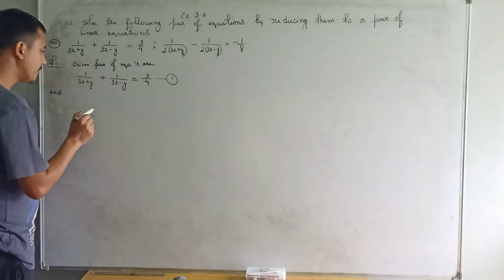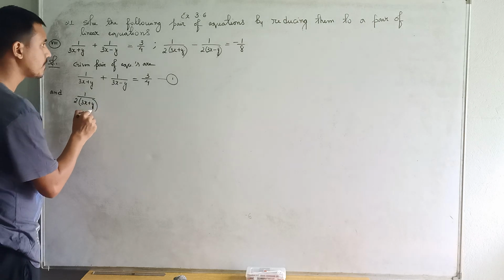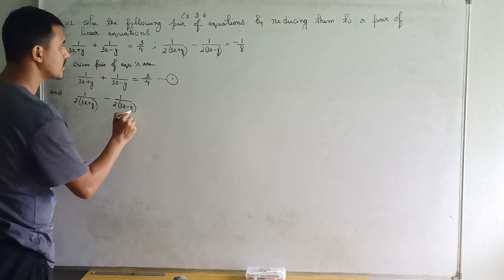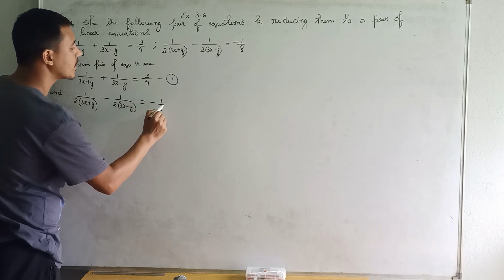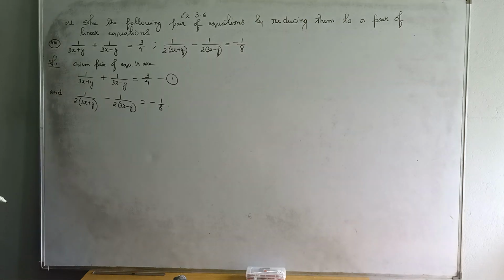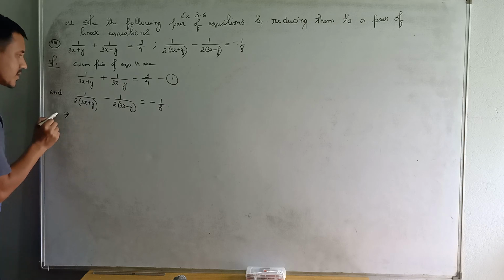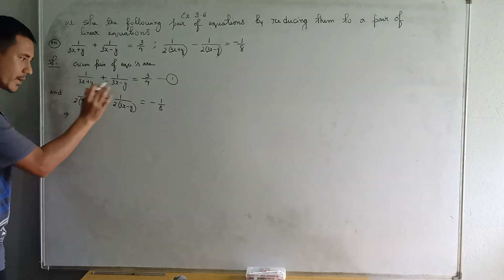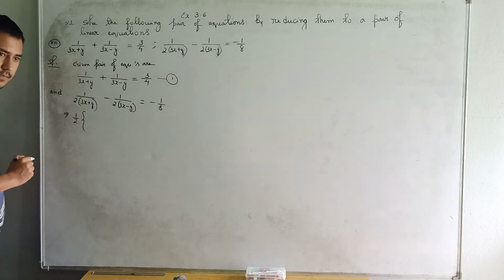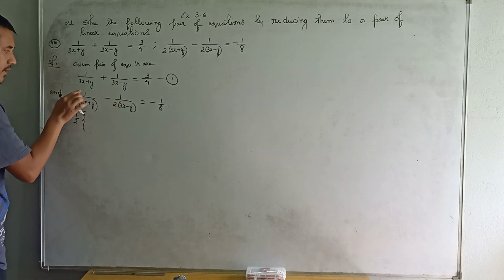Now the second equation: 1 upon 2 times of 3x plus y minus 1 upon 2 times of 3x minus y is equal to minus 1 by 8. Now, your coefficient is not 1 here; 1 by 2 is your coefficient. In both terms we have 1 by 2, so I can take 1 by 2 common.